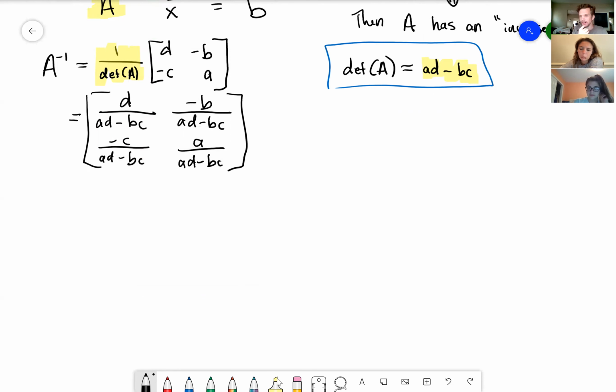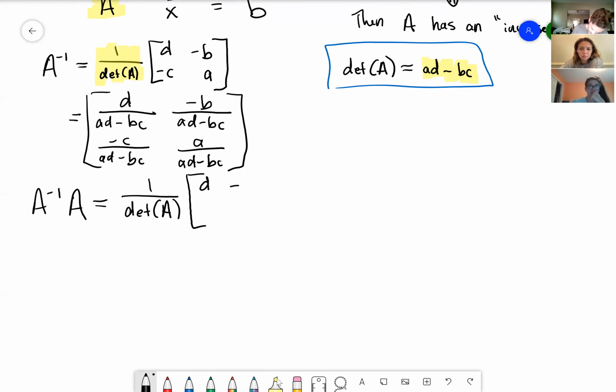Well, it will become clear whenever we do multiplication of this by the original matrix. So let's just start off on a new spot. A inverse times A. So this is 1 over the determinant of A times the matrix D, minus B, minus C, A, times the matrix A, B, C, D.